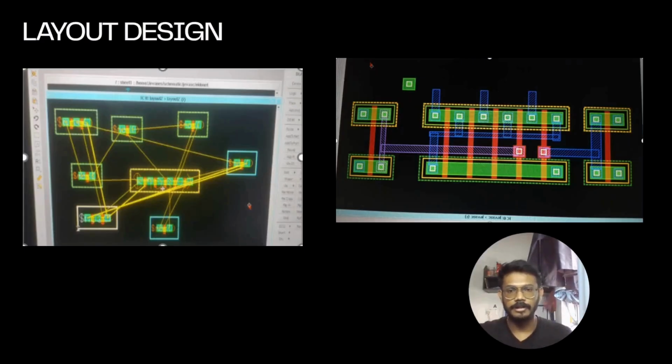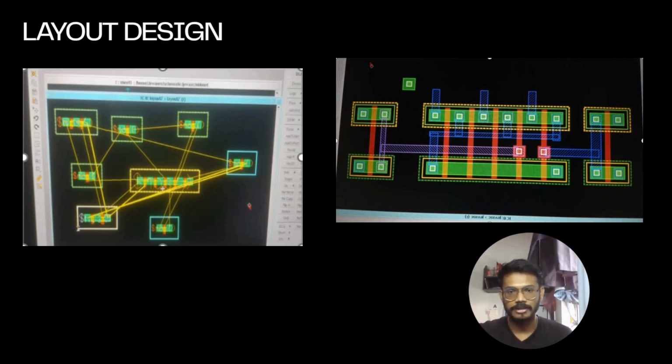Okay, this is the layout design that we started to do in Mentor Graphics right after the schematic. Initially we tried to attempt SDL, schematic driven layout, which is a technique used in Mentor Graphics to straight away produce the layout from the schematic.